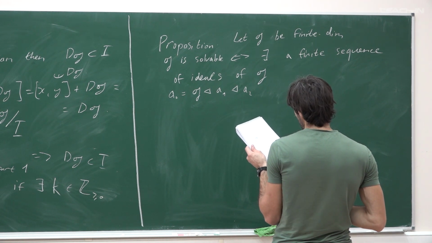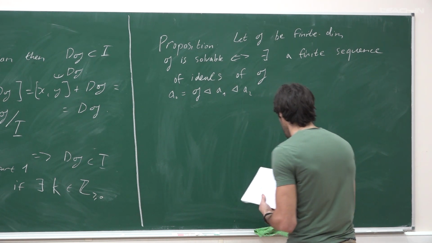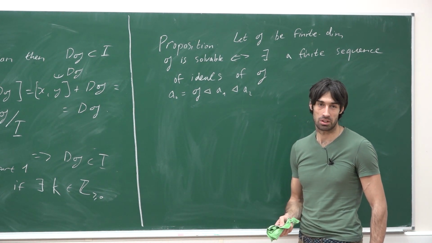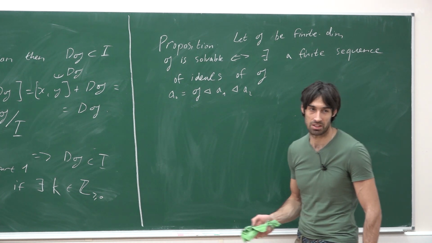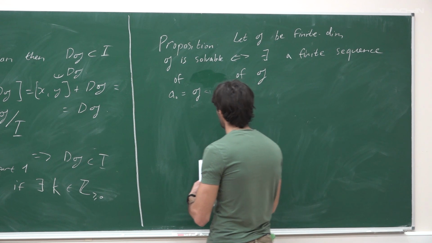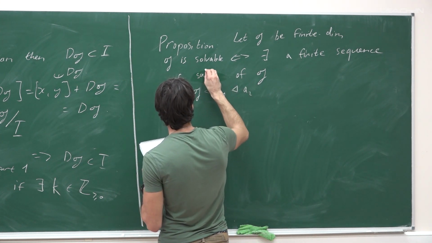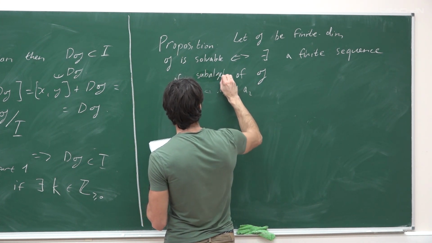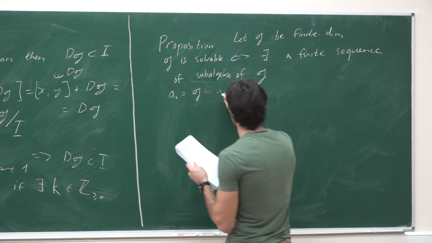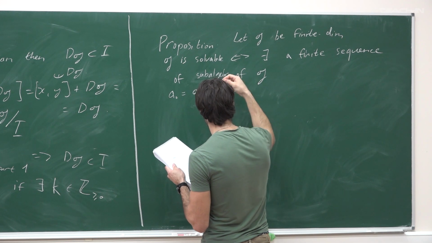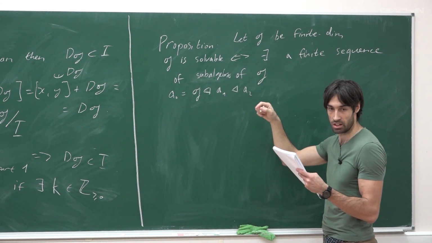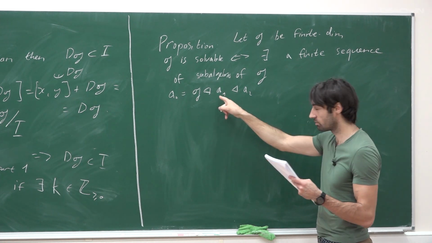I even can say they will be ideals, but I would like the criterion to be as weak as possible, so I can say subalgebras. But they are ideals, so it's a sequence, and one is inside another, and the next one is an ideal in the previous one.